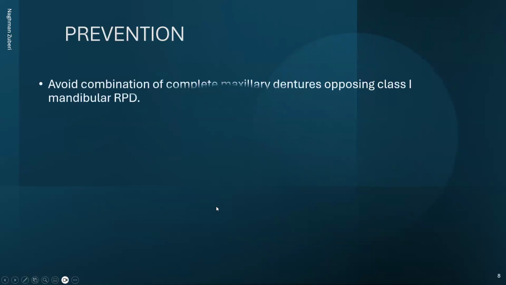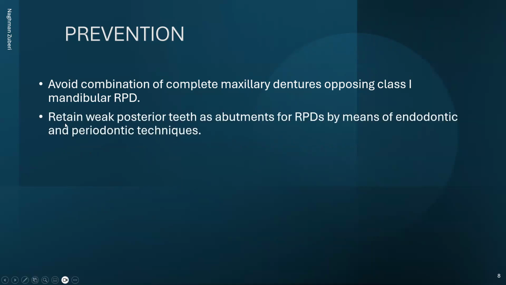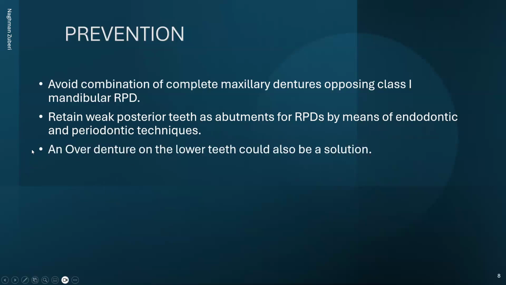How to prevent it? Number 1, avoid the combination of complete maxillary dentures opposing a class 1 mandibular RPD. Number 2, if possible, retain weak posterior teeth as abutments for RPDs with the help of endodontic and periodontic procedures. Number 3, you can also construct an overdenture on the lower teeth instead of making a distal extension RPD.